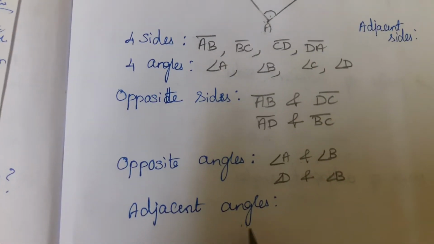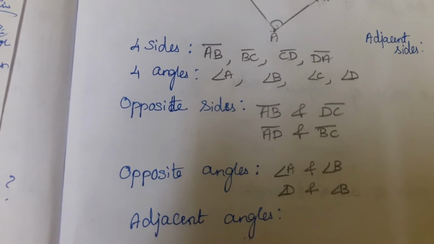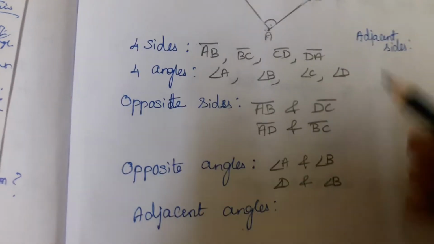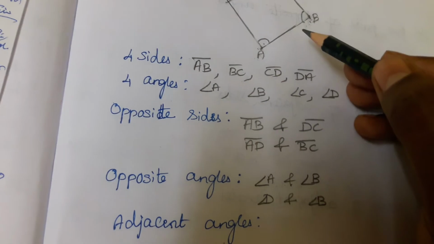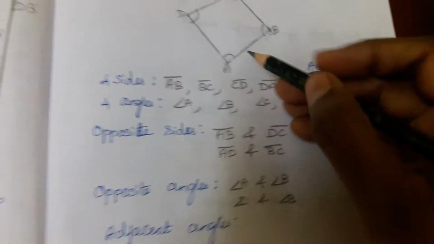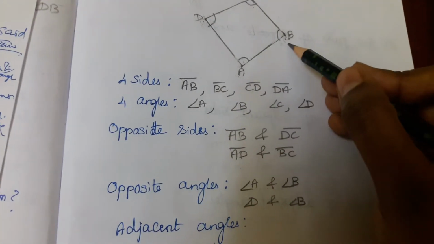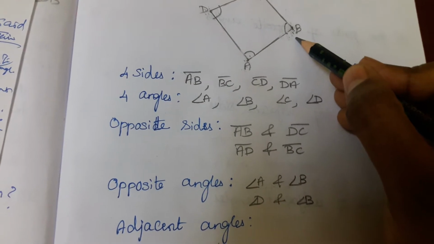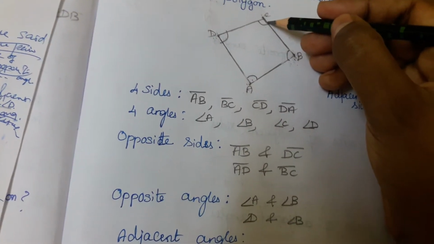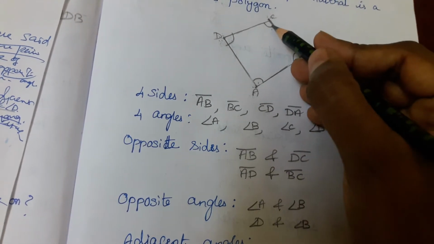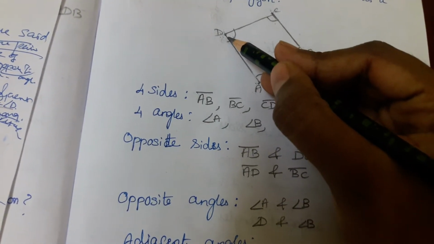Next one is adjacent angles. What are adjacent angles? Two angles having a common arm are called adjacent angles. So, angle A and angle B are adjacent angles. Angle B and angle C are adjacent angles. Angle C and angle D are adjacent angles.